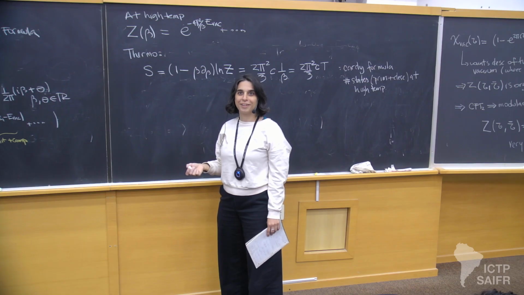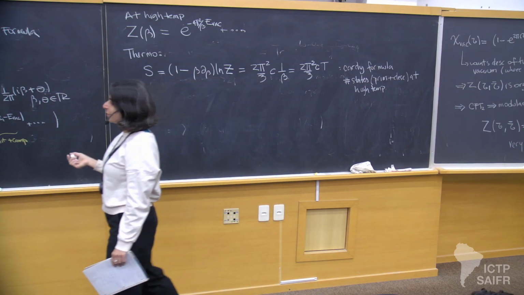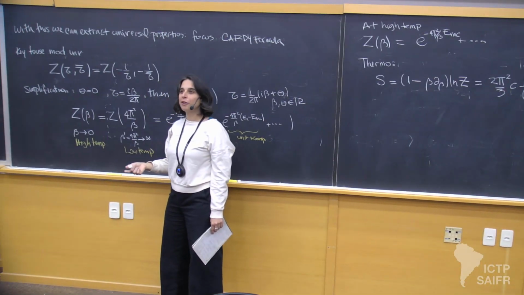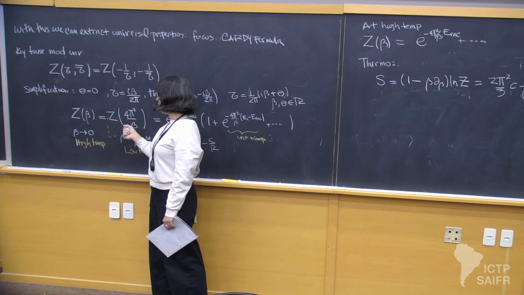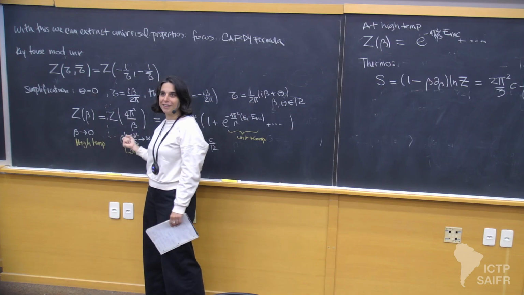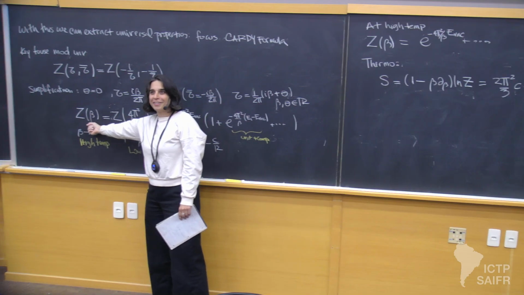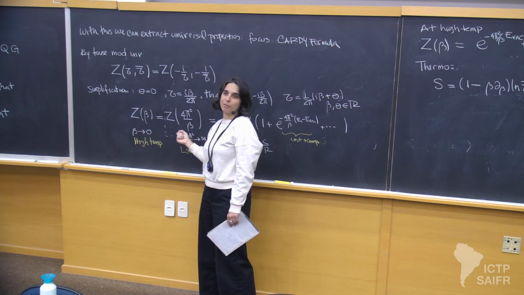Why would I? Because I don't know what the answer is. In a sense, I'm trying to infer it, so use what you know. Which part of the expression do you have control over? I have control on this side, so let's use this side. This is the part that I'm trying to understand, and I'm going to try to understand it by mapping it to something that I already know.